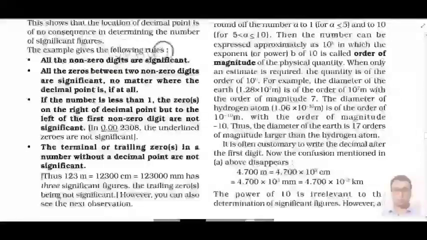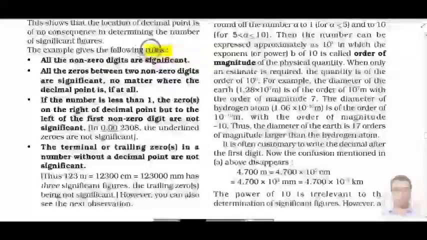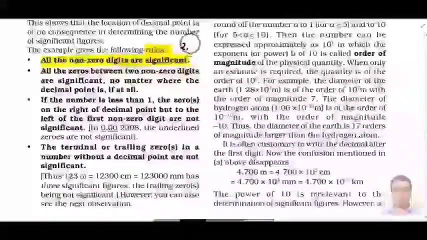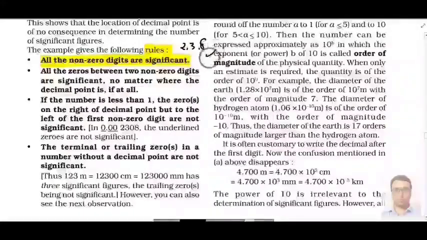So here we have some rules for how we determine significant digits. All the non-zero digits are significant. Non-zero numbers like 2, 3, 4, etc., all these numbers will be treated as significant digits.